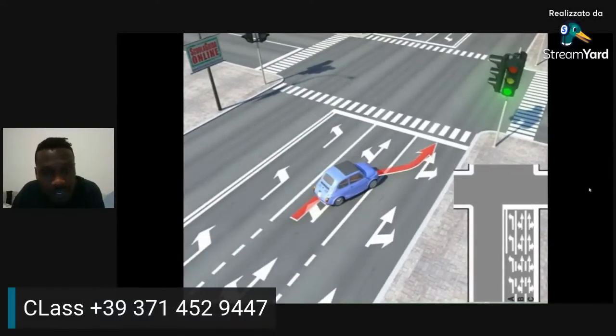So you see, do you see this one here? What are they teaching us here? When you want to change lane, you have to make sure the line that divides the lane into which you want to go is what? Tratteggiata.